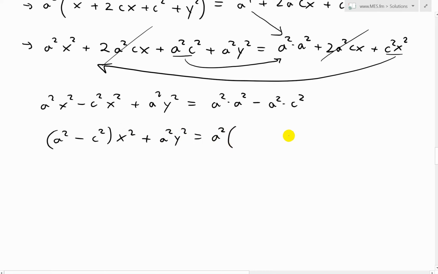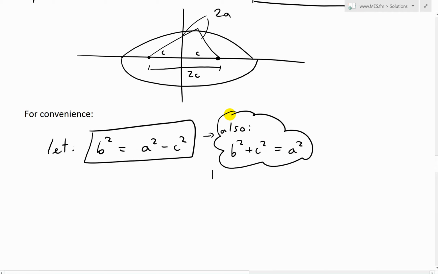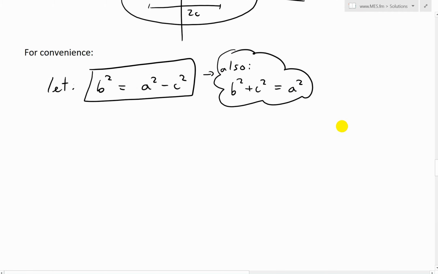Also, if we rearrange this and move the c squared to the other side, we get b squared plus c squared equals a squared, which will become pretty handy later on as I graph the ellipse, because then we get a right angle triangle according to the Pythagorean theorem, where the hypotenuse is a.